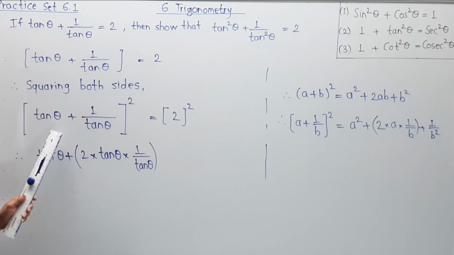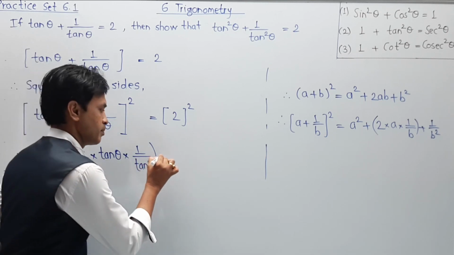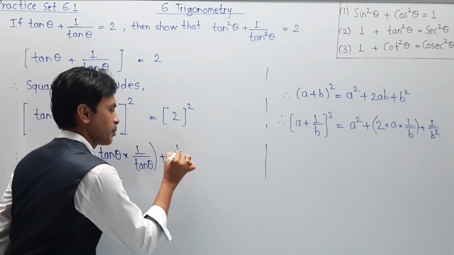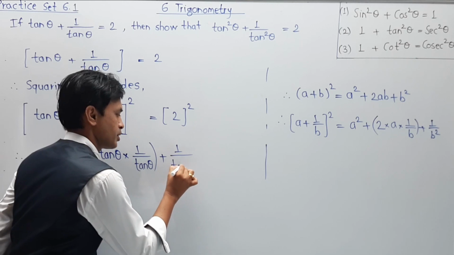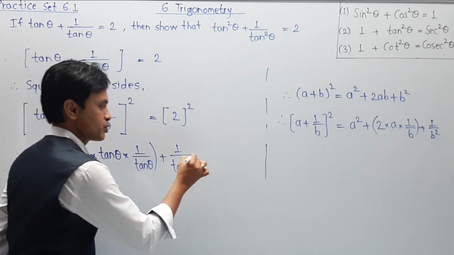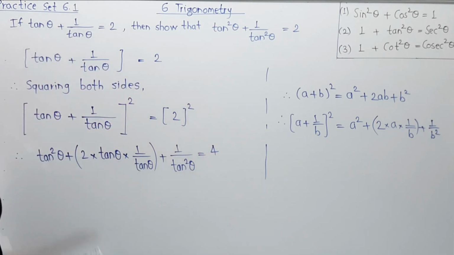So first term square, plus 2 into first term into second term, plus second term square, means 1 upon tan theta squared becomes 1 upon tan square theta, is equal to, and now 2 square is 4. In this way we are able to get the square expansion.